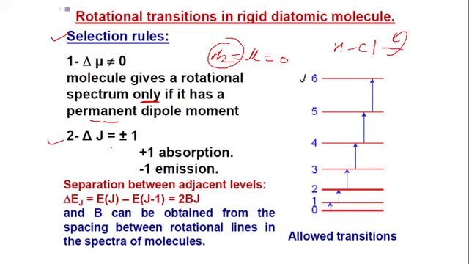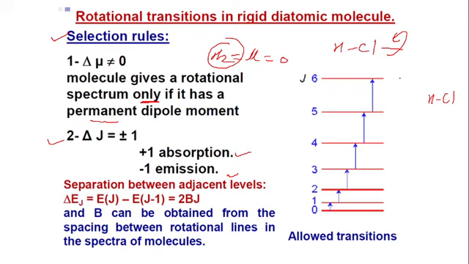Second is delta J, which is equal to plus or minus 1. It must be plus or minus 1. This plus 1 is for absorption, and minus 1 for emission. That means if we take any molecule, we have to rotate it.